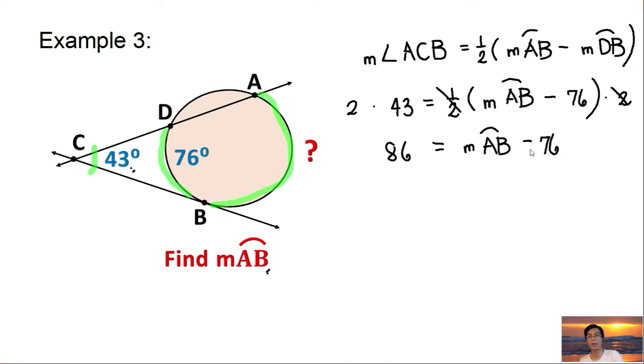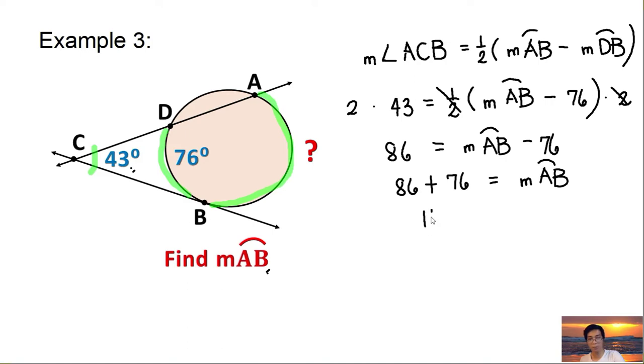So, solve natin si AB. Siyempre, si negative 76 lilipat natin dun sa kabila. So, 86 plus 76 is now equal to the measure of arc AB. Now, what is 86 plus 76? 86 plus 76 is equal to 162.